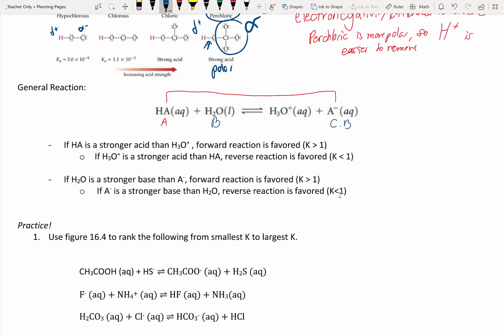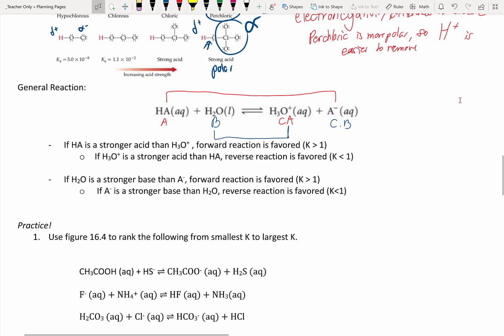And then this one's here acting as a base, and the H3O+ is its conjugate acid, okay? Now, if this acid is stronger than this acid, then it's going to drive the reaction. The forward reaction is going to be favored because it is a stronger acid, okay?